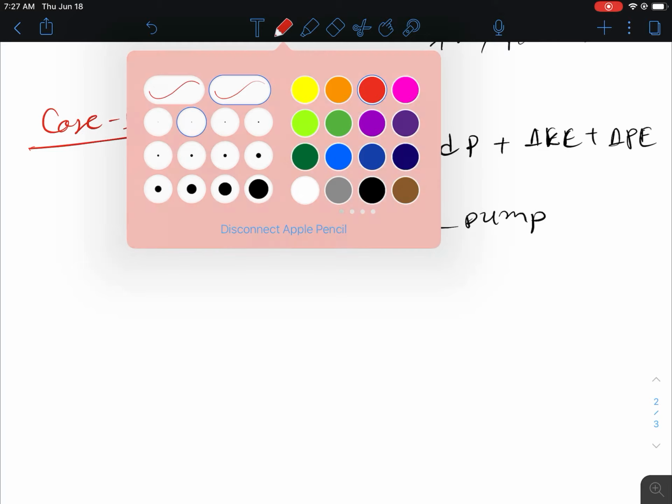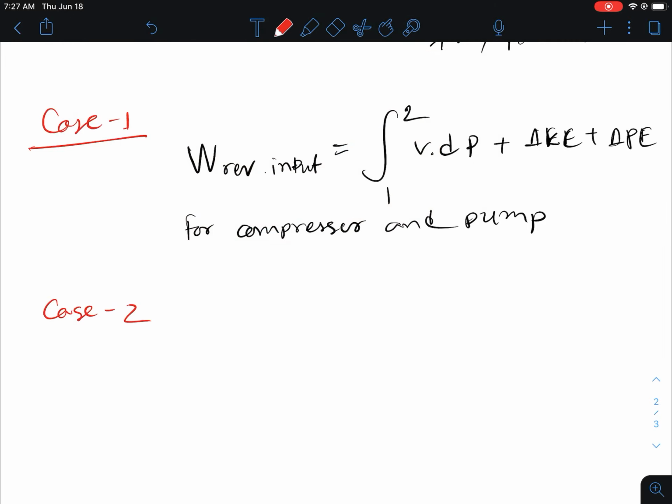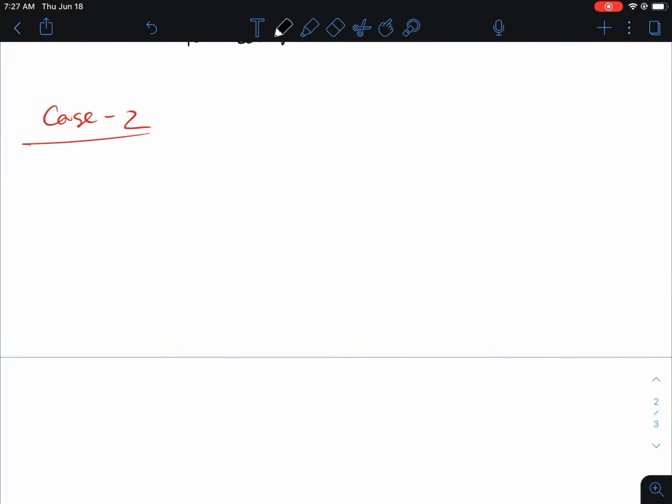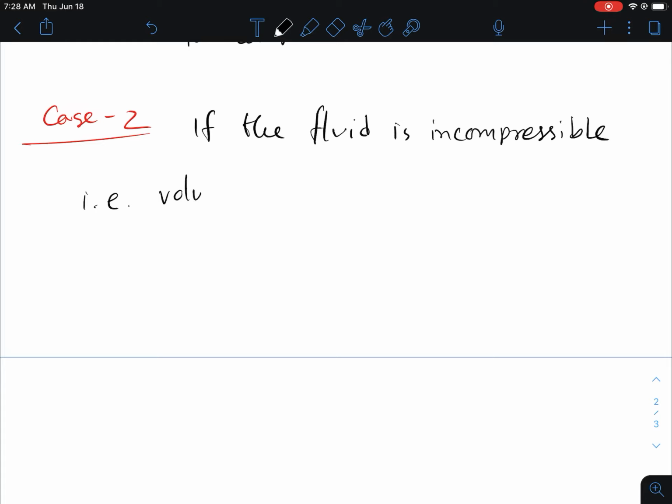Now case 2. If the fluid is incompressible, that means the volume is constant, it's not changing.